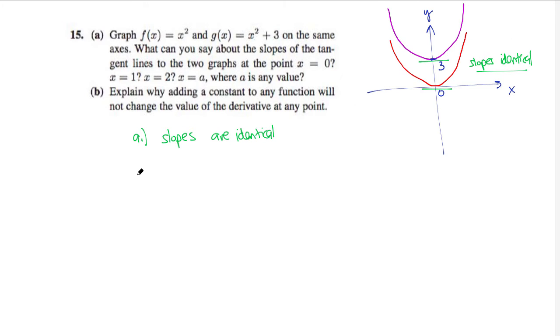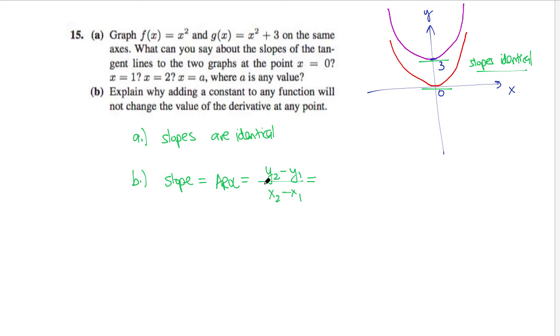Now B says, why does adding a constant to any function not change the value of the derivative? Well, if we add a constant to any function, think about how that affects our calculation for slope, or our average rate of change. We're going to have, in all cases, y2 minus y1 over x2 minus x1.